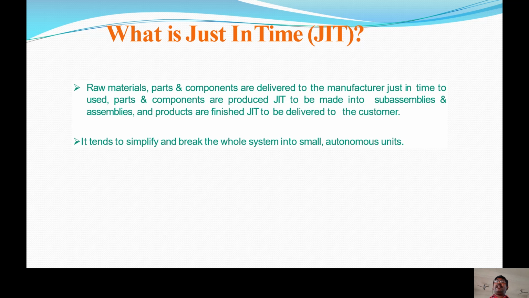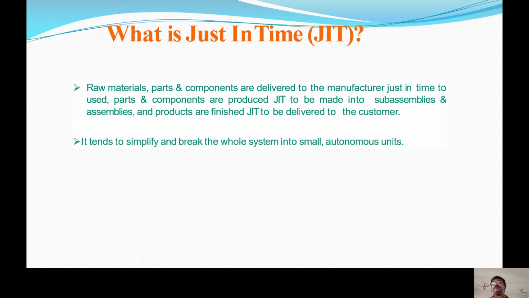Then finally, what is JIT? JIT means just in time. The raw materials or parts and components are delivered to the manufacturer just in time to use the parts and components to produce and assemble products until they are finished. So what is JIT?